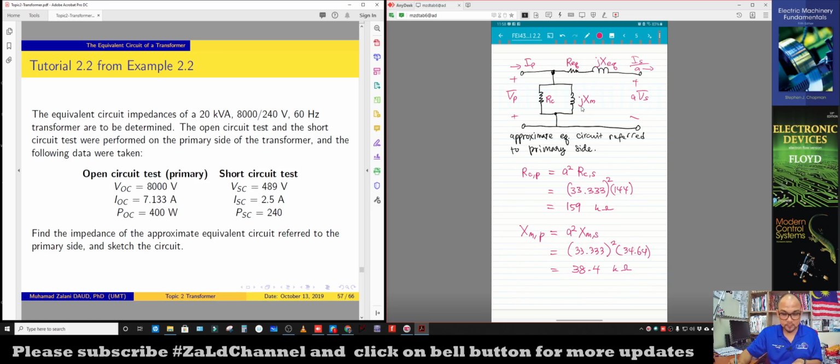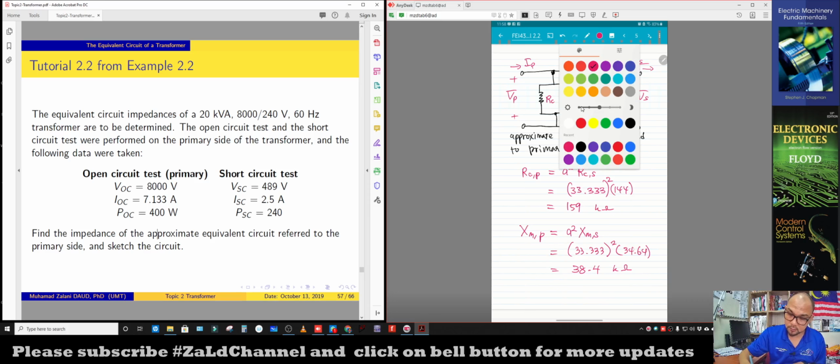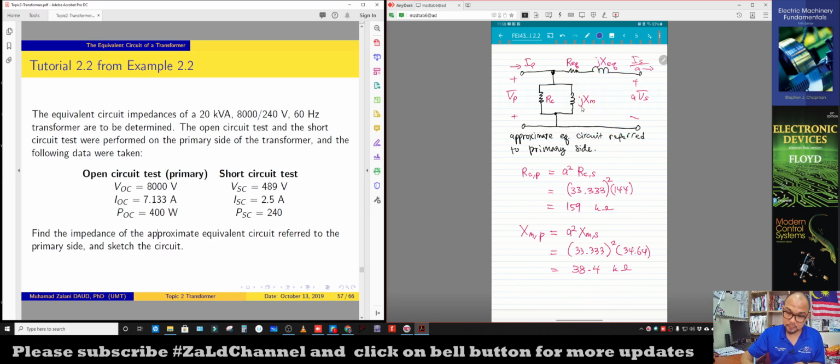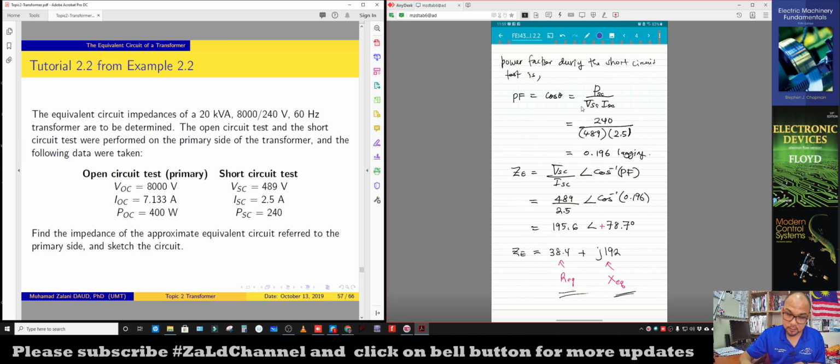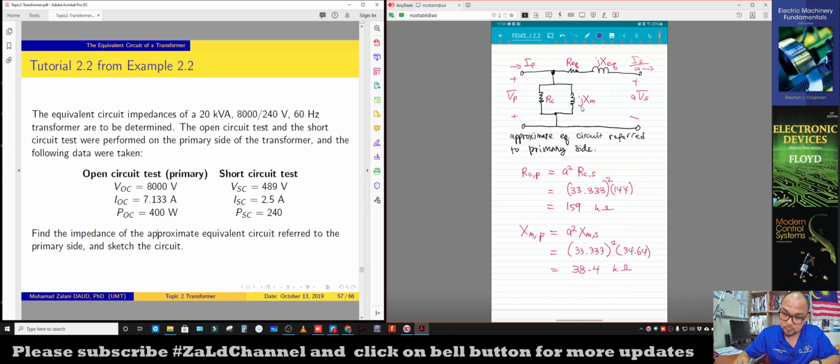So we can write down all of the values that we get from our calculation. REQ is 38.4, XEQ is 192.